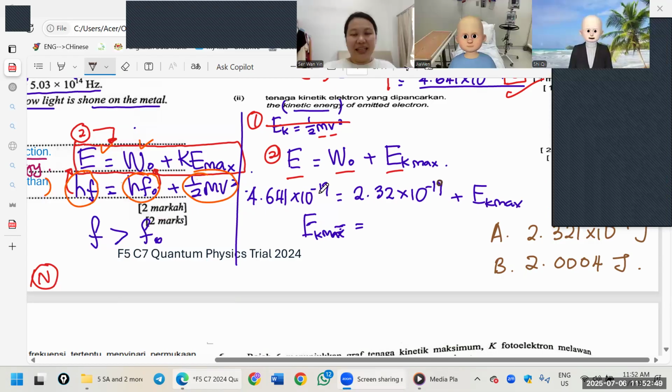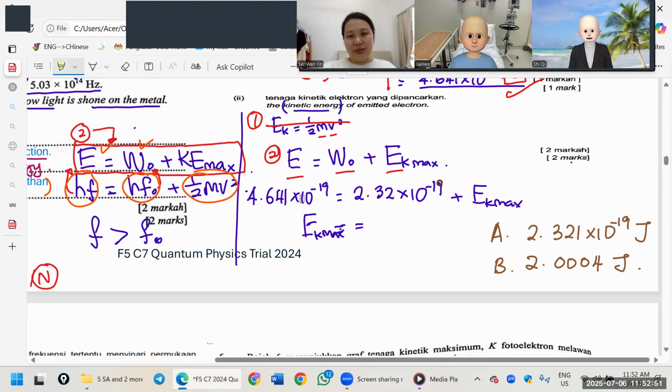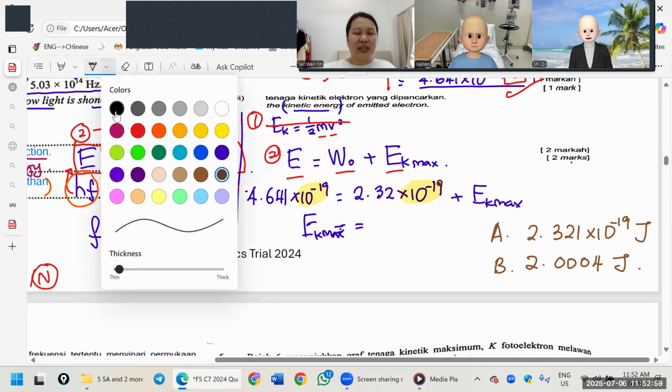Yes. Because the standard formula, some of you do not realize, not alert.